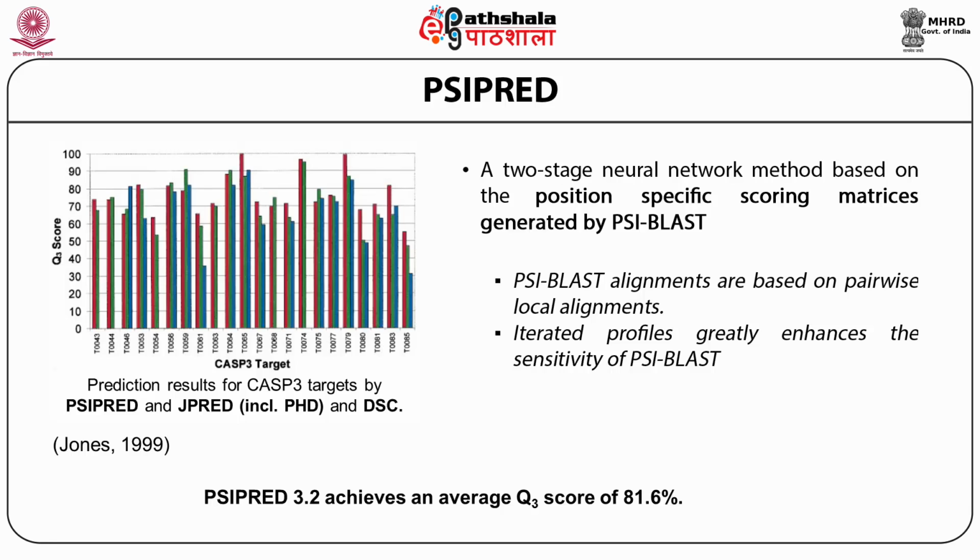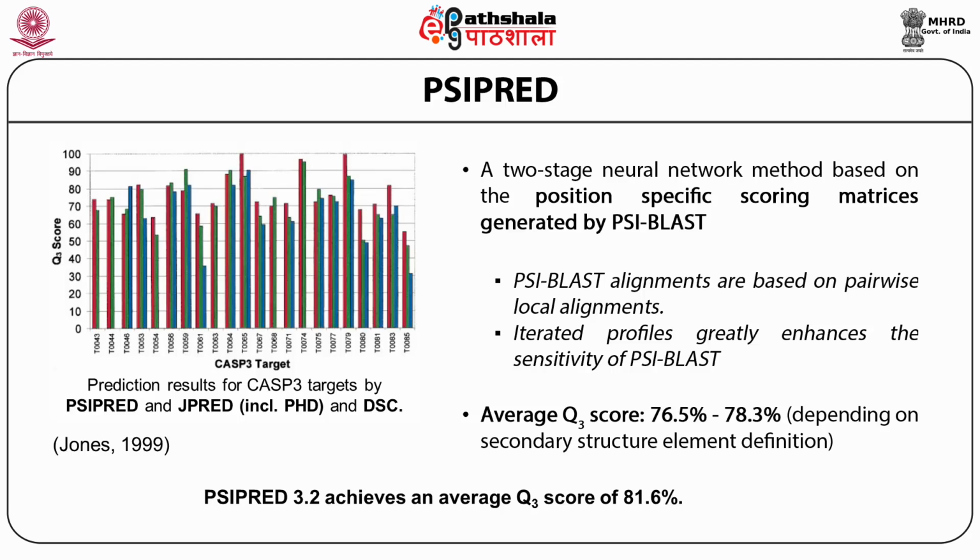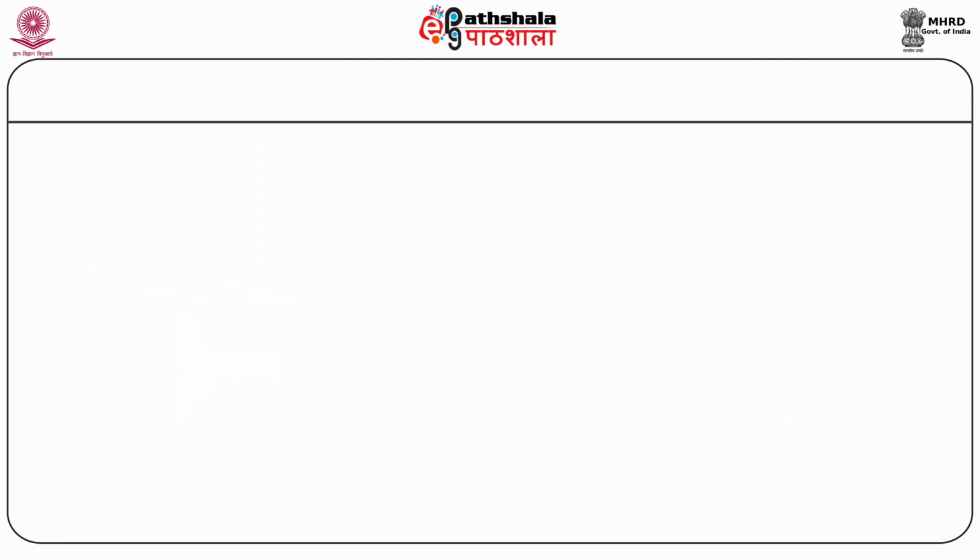CYPRED improves the accuracy significantly compared to the PHD method. The average Q3 scores are found in the range of 76.5 to 78.3%. Interestingly, the latest version of CYPRED can reach an accuracy of 81.6% for the specific dataset.